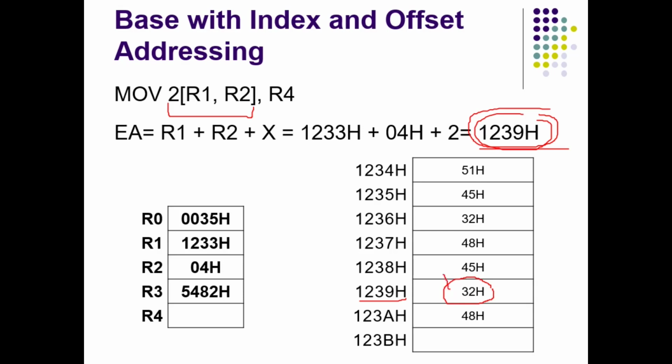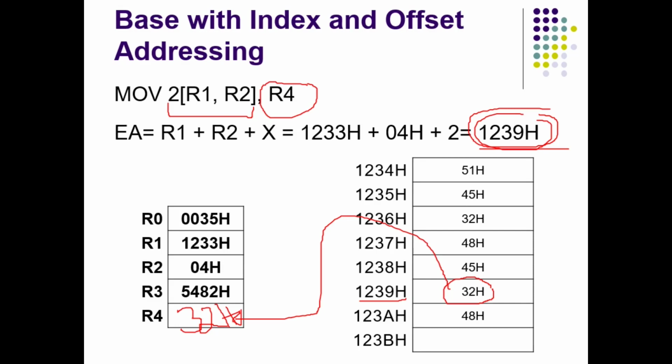The processor copies that data to R4 as mentioned in the destination of the move instruction. So finally after executing this instruction, the R4 value will be 32H. This is how base with index and offset addressing works. Here I have taken the example at the source operand. Similarly, the same addressing mode can also be used at the destination operand.